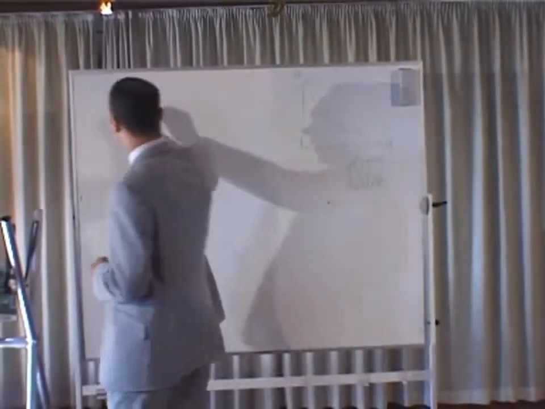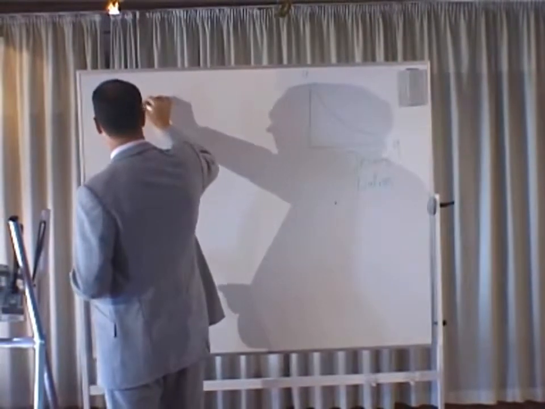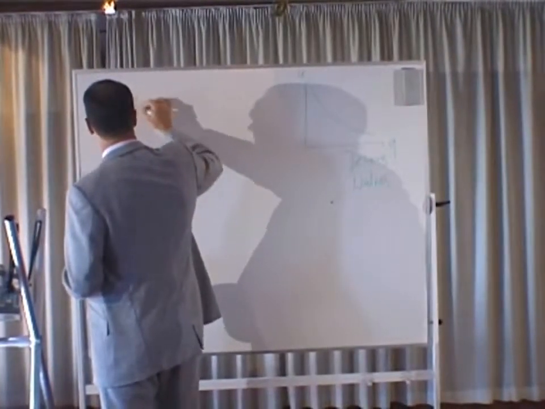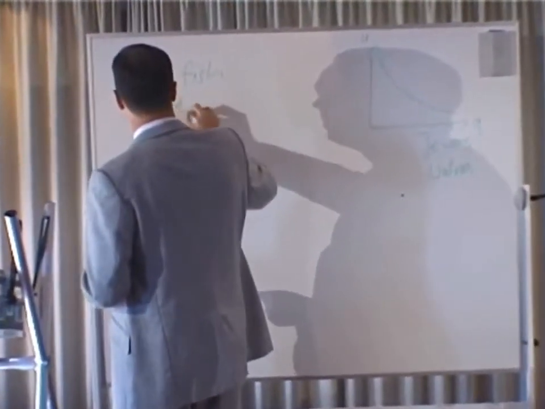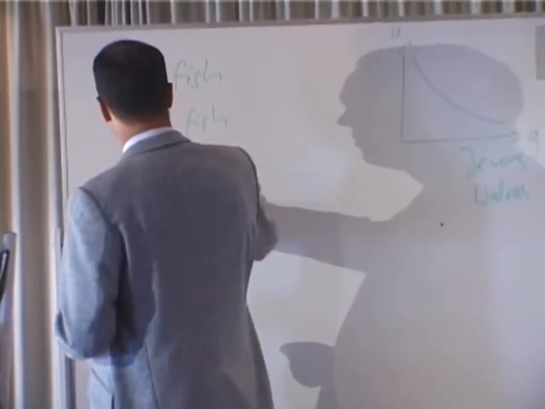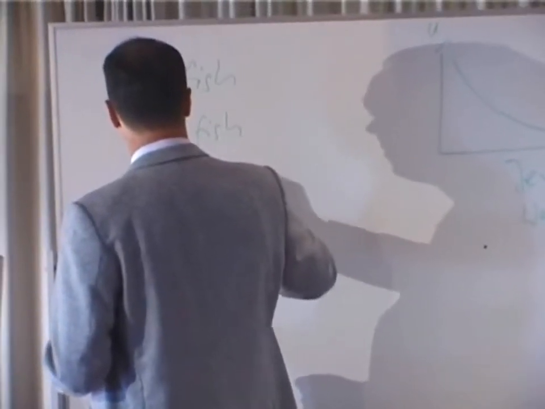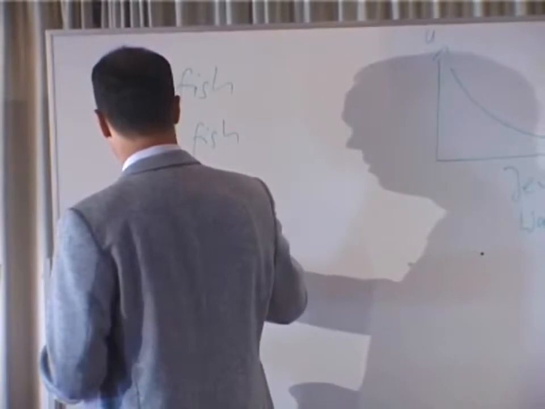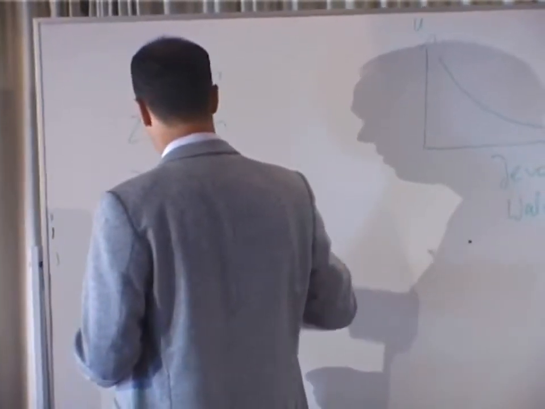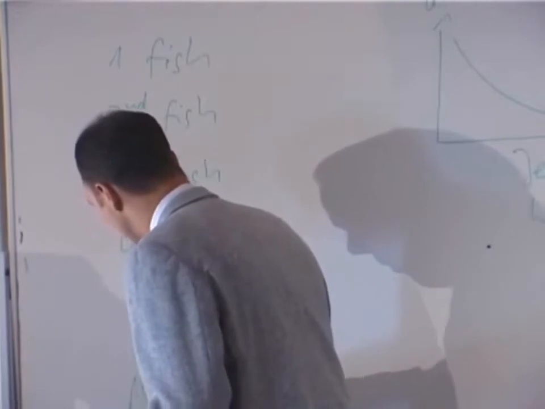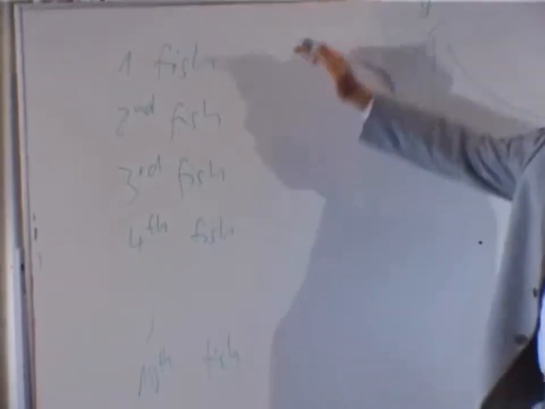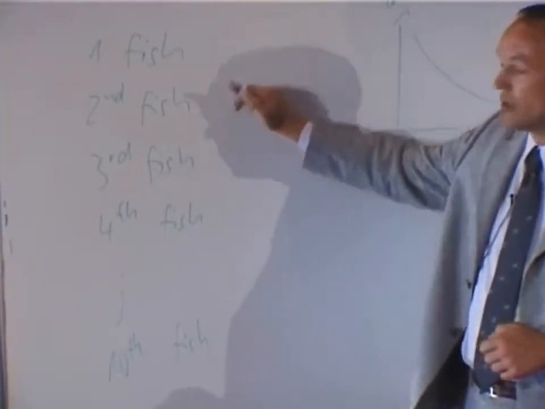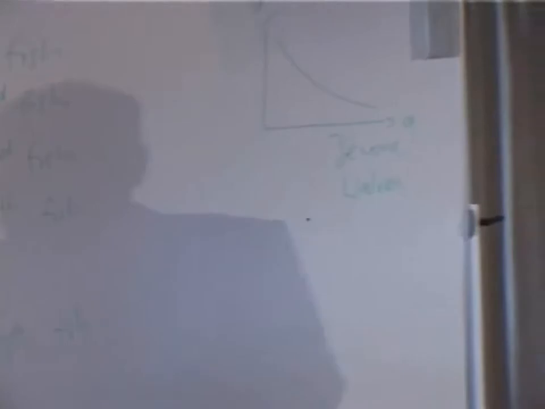That is, for example, if I have a supply of 10 fish, third fish, and here we have the 10th fish. Then every single unit of the supply will be accorded to satisfy an individual concrete need.